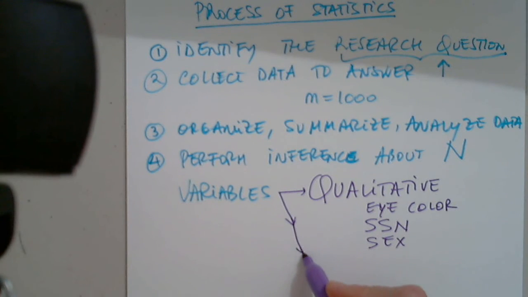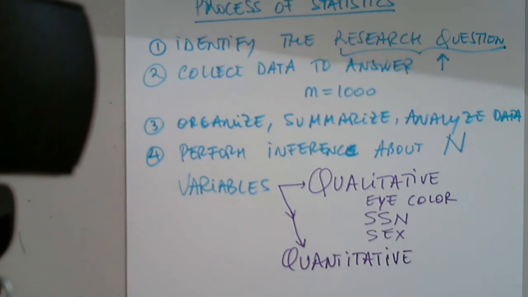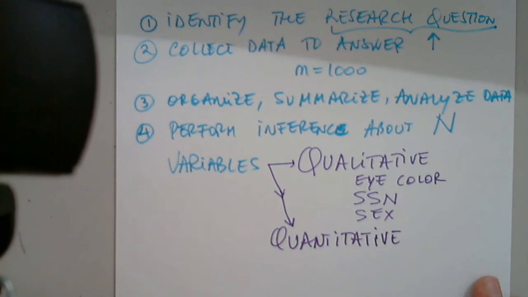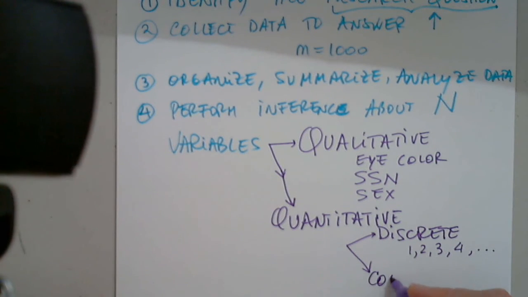The second type of variable is quantitative. We can perform calculations with quantitative. They are of two types though. Discrete, like 1, 2, 3, 4, and so on, or continuous, like 1.25, 3.99, etc. What does this really mean?